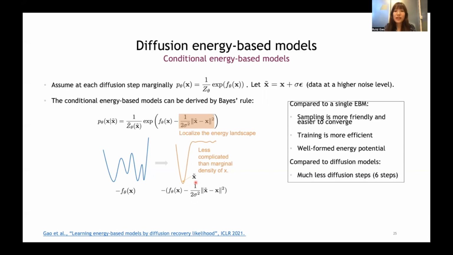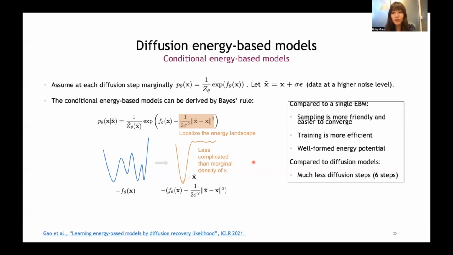Therefore, compared to training a single energy-based model, the sampling here is more friendly and easier to converge, because the energy landscape, compared to the original marginal energy landscape, is more unimodal and simpler, so that the training could be more efficient, and the convergent MCMC can give us well-formed energy potential after training.